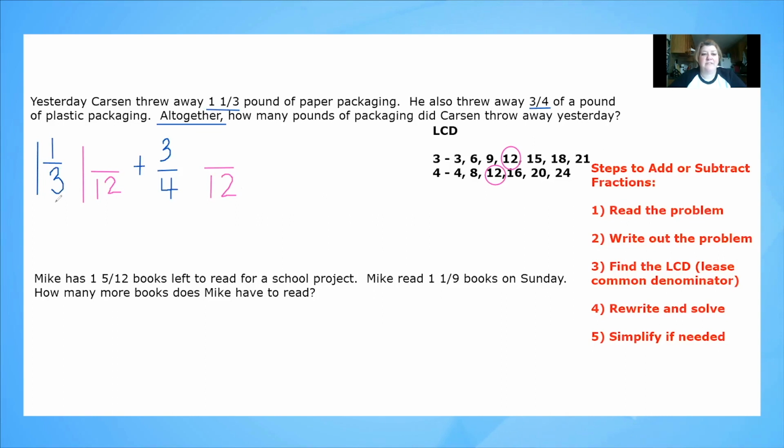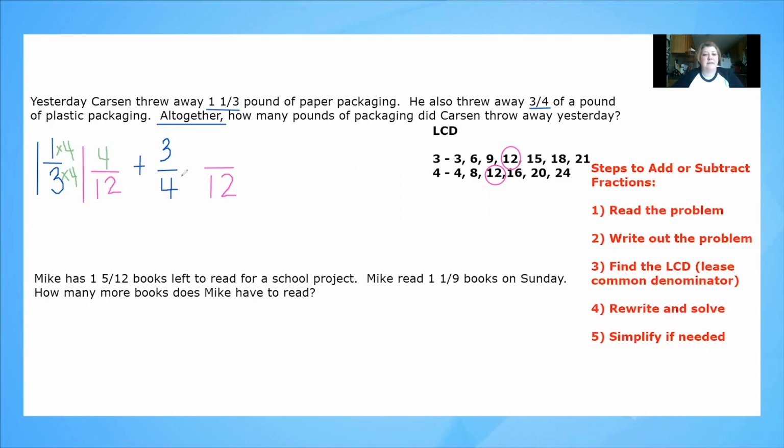I have to decide 3 times something equals 12. I can go back over here and decide it's 1, 2, 3, 4. 3 times 4 is 12. And if I multiply the bottom denominator by 4, I have to multiply the numerator by 4. 1 times 4 is 4.